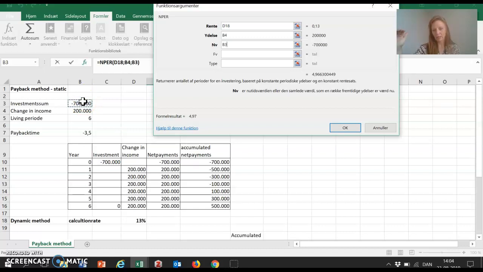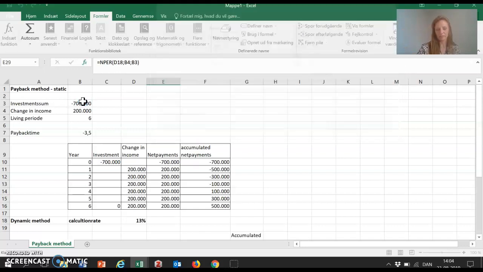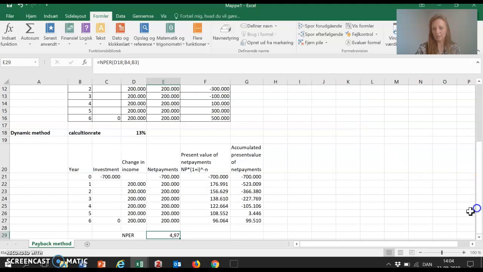So rate, payments, and present value of the initial investment. Press enter. So now you can see 4.97 years is the payback time, taking the calculation rate of 13 into consideration, which is very close to what we can see over here.